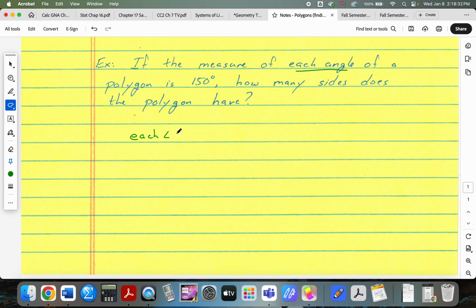Each angle is the sum divided by n. Each angle is 150 degrees. Equals, now is this exterior like the last one was? No. And our other sum formula is n minus 2 times 180.